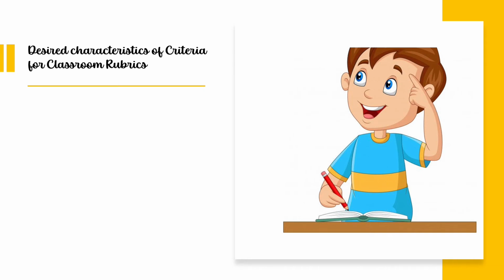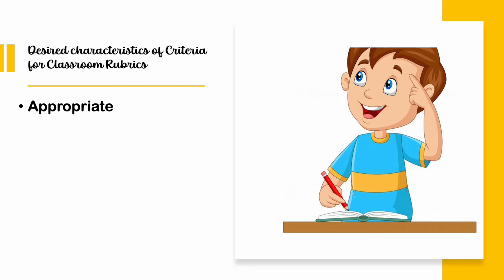So the following are the desired characteristics of criteria for classroom rubrics. Number 1. One among the characteristics is being appropriate. What is the meaning of this? Each criterion represents an aspect of a standard, curricular goal, instructional goal, or objective that students are intended to learn. Remember that in preparing a lesson, in preparing activities, you always start with goals and objectives.